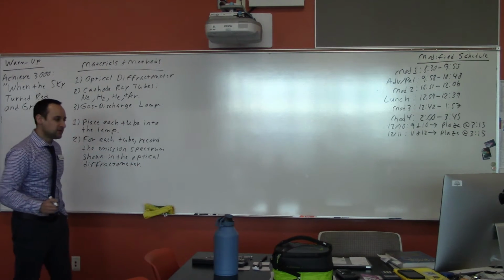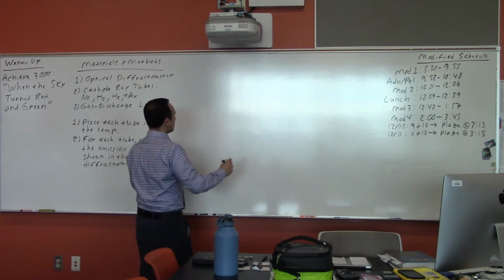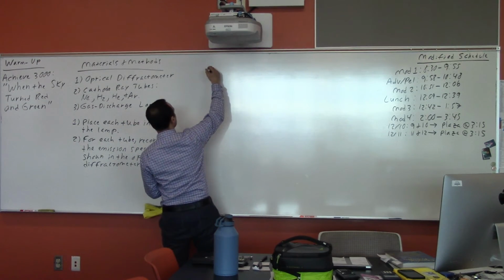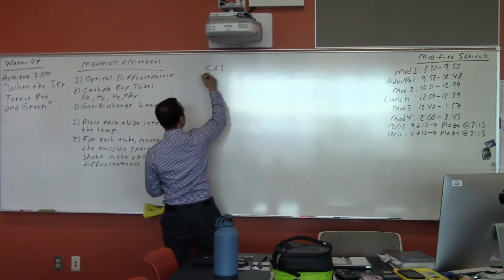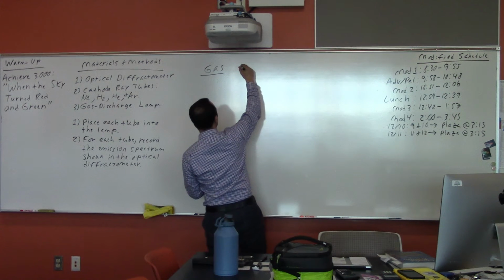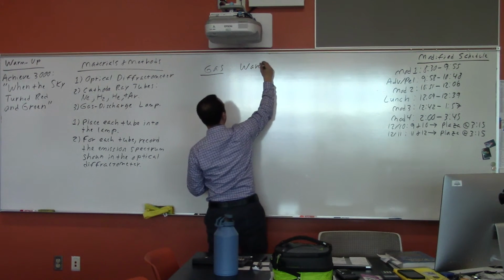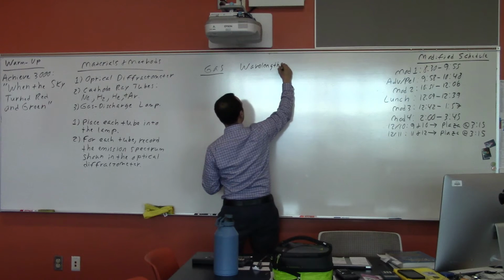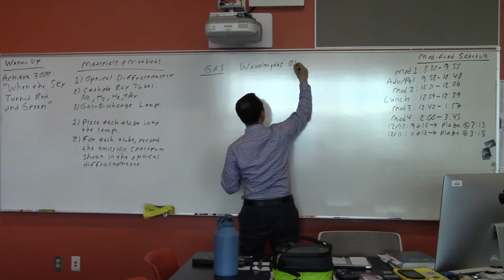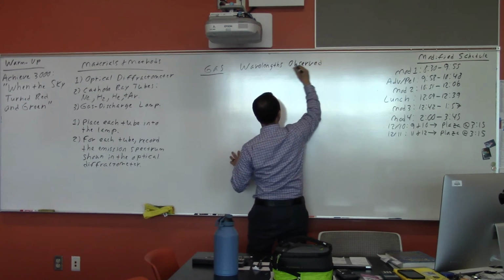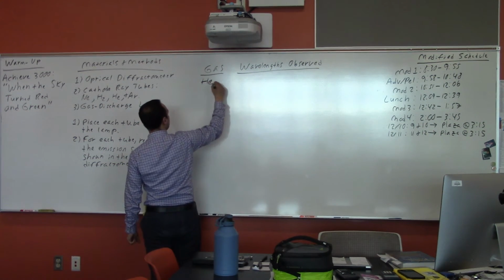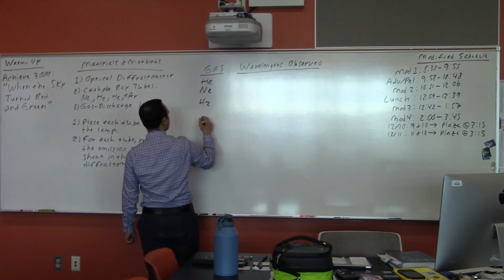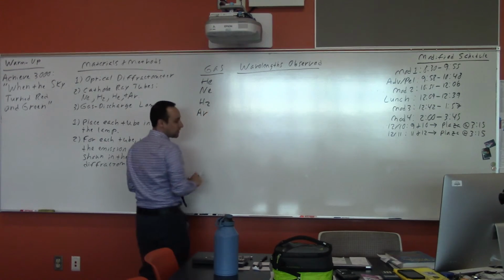Okay, so you're going to need a table that goes like this. Gas, okay, and then wavelengths observed. So you're going to have helium, neon, hydrogen, and argon.